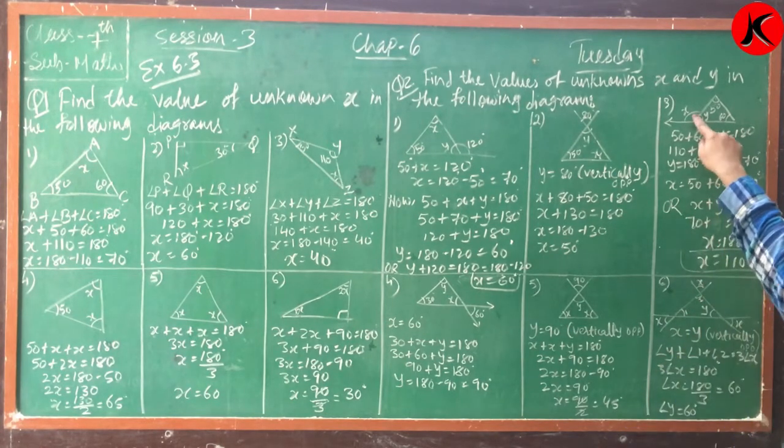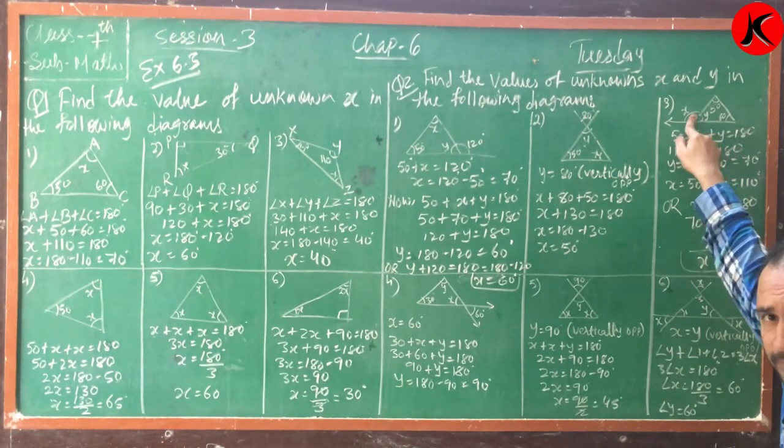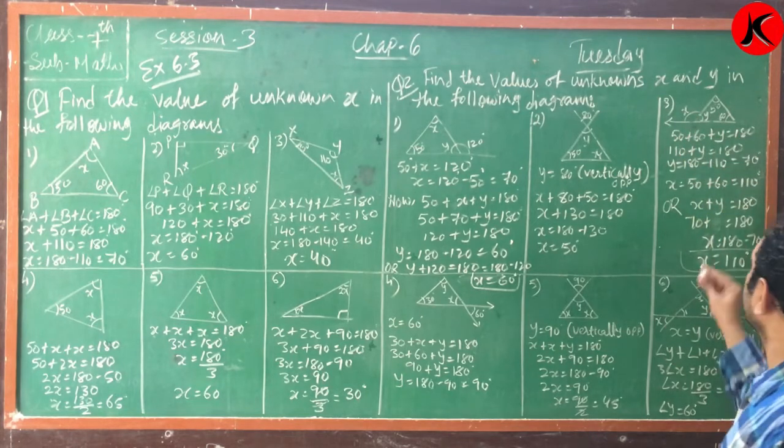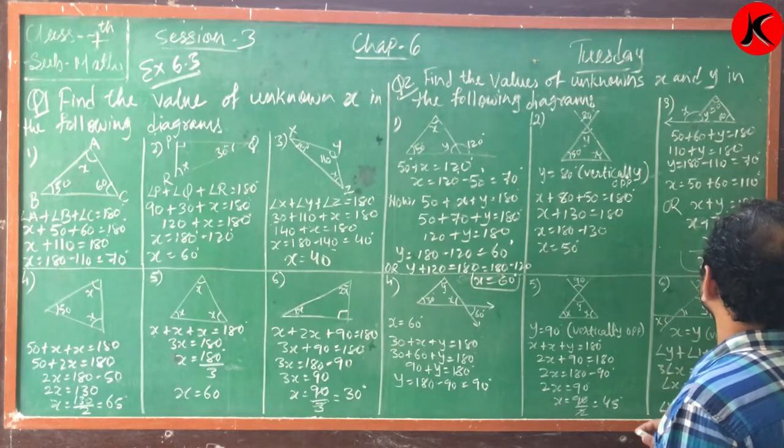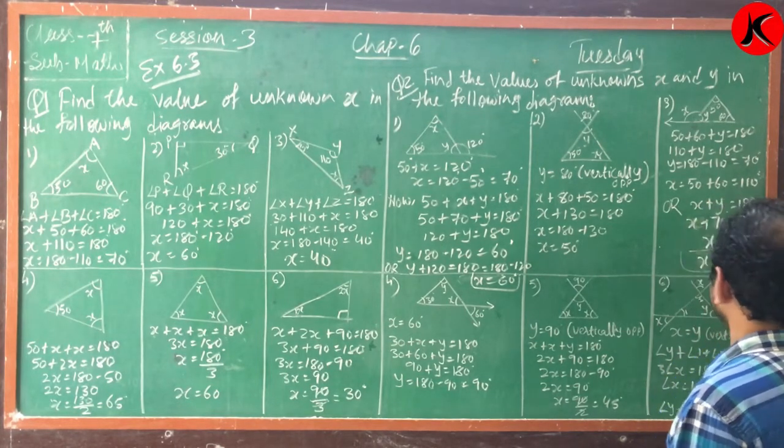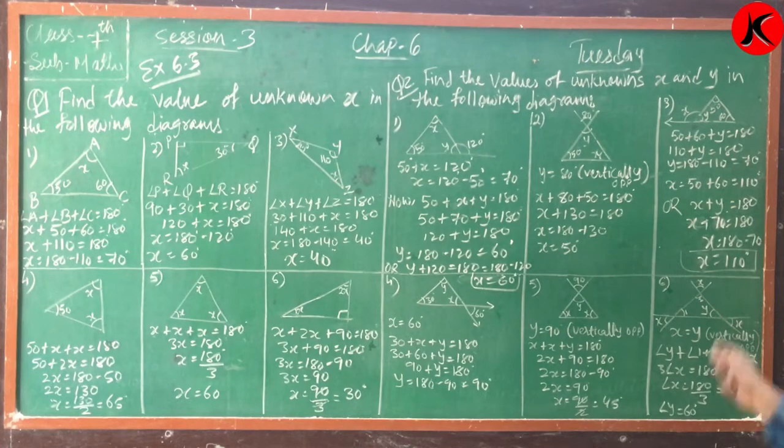Okay, x I need to find, children. Y is given as 70. Straight line, 180 minus 70 is 110, which we have got here also. Whatever you like, you can opt for that method.